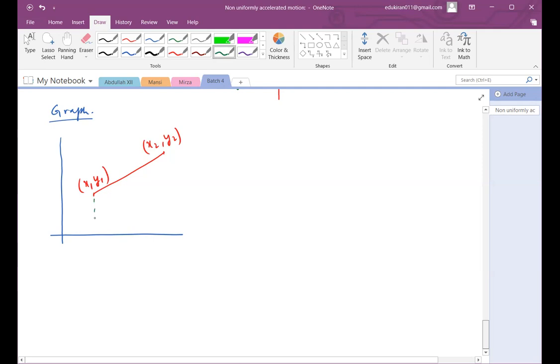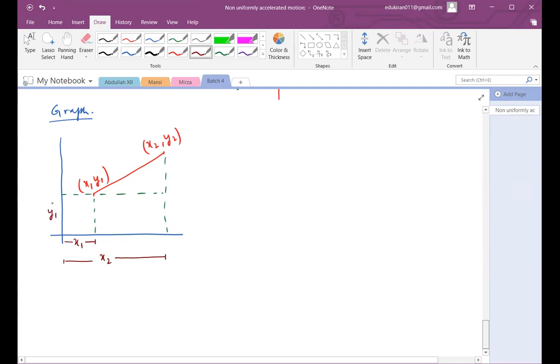Draw a vertical line to this and a horizontal line to this point. This will define x1 from this point to this point and x2 from this point to this point.